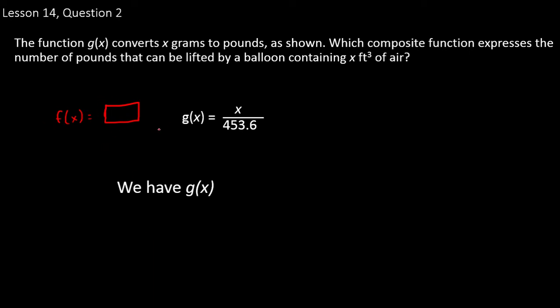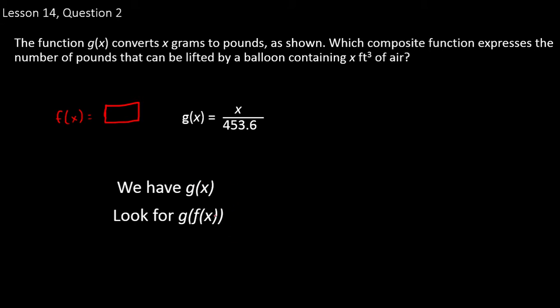And this tells me the number of grams lifted by a certain amount of air. g of x just takes the grams and converts it to pounds. So I need to find g of f of x. So this composite function will be able to calculate how many pounds can be lifted by a certain cubic footage of air.